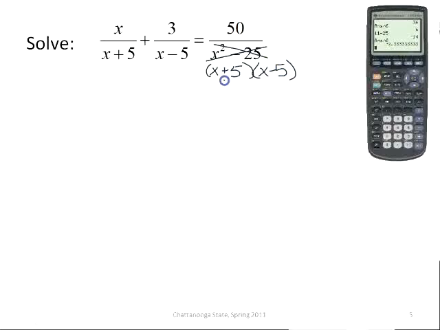So anytime you have polynomials down there, you need them in their factored form, even if that means just pulling a common factor out. And when you have that, you can then see what your common denominator is. Your least common denominator is going to be x plus 5 times x minus 5. So we're going to multiply that on each side of the equation.